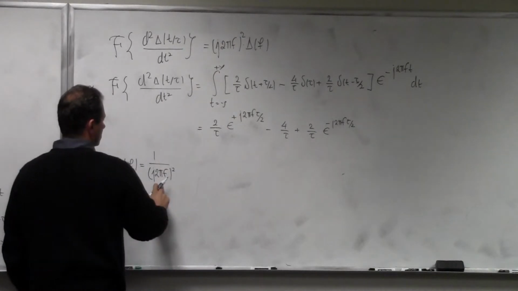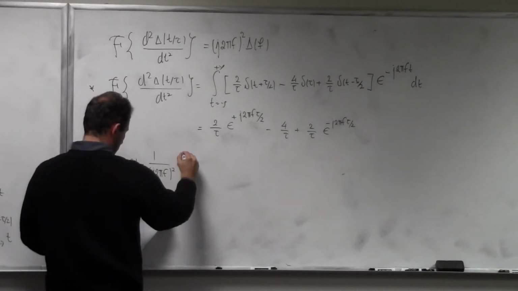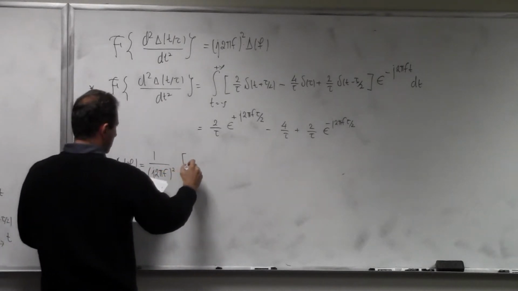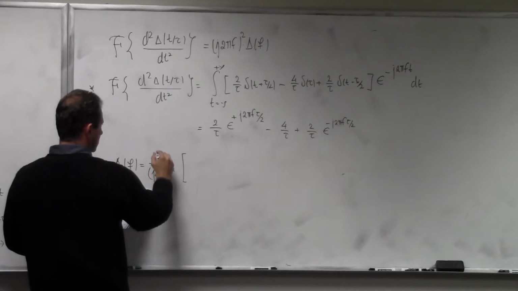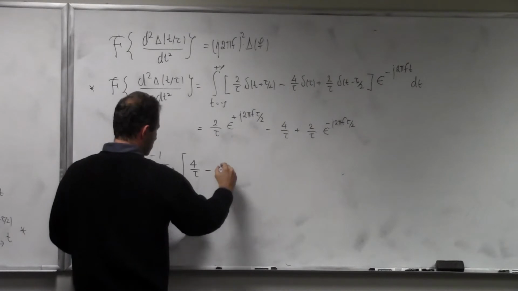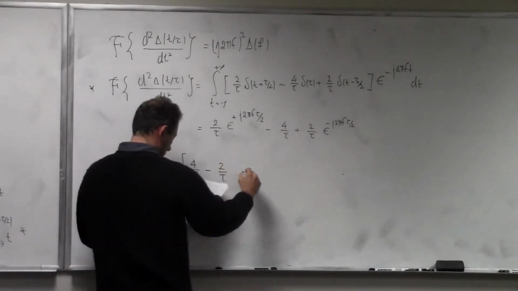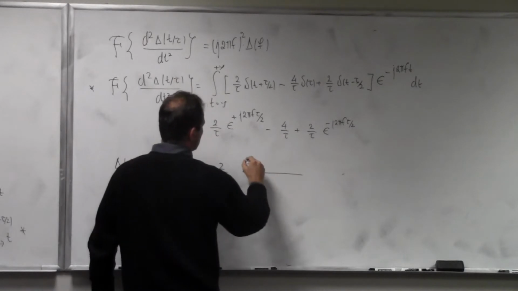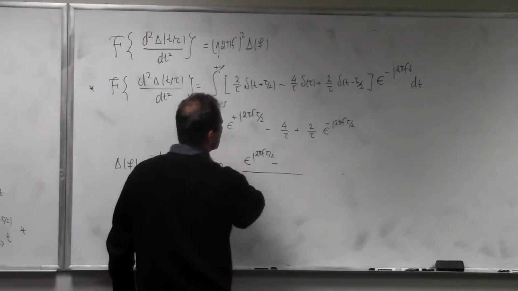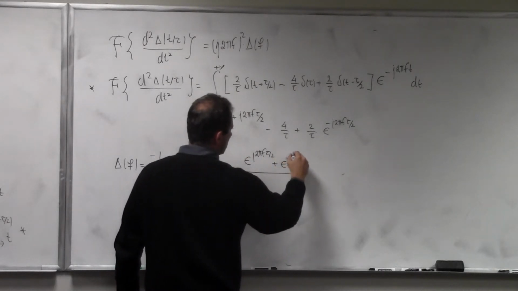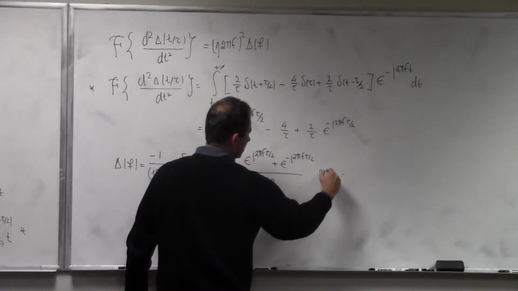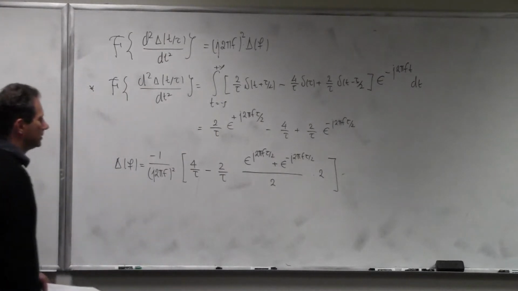So this is this dividing, and then I can put an extra minus outside, and this is 4 over tau minus 2 over tau, and then I can have e to the j 2 pi f tau over 2 minus, or rather plus, e to the minus j 2 pi f tau over 2, and I need 1 tau over 2 there, and another 2 here to make it a plus.